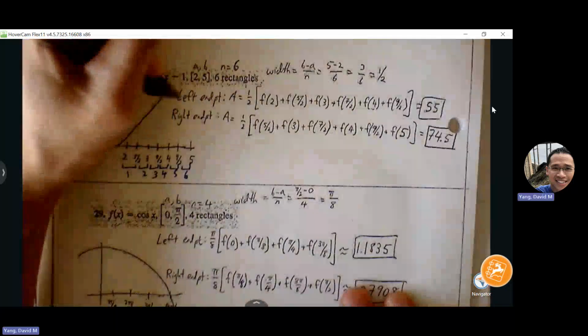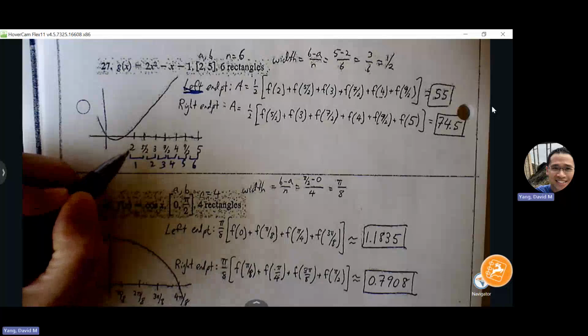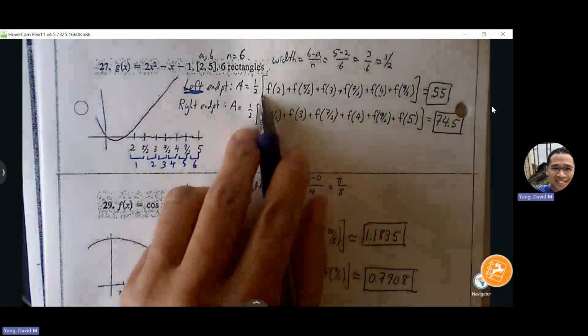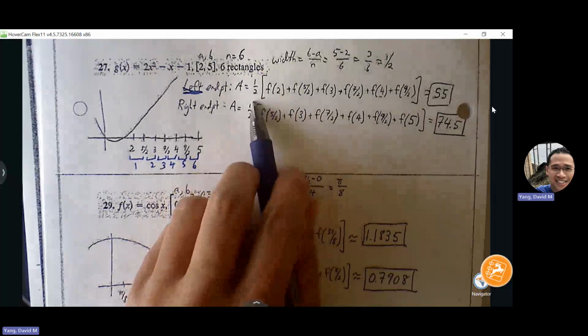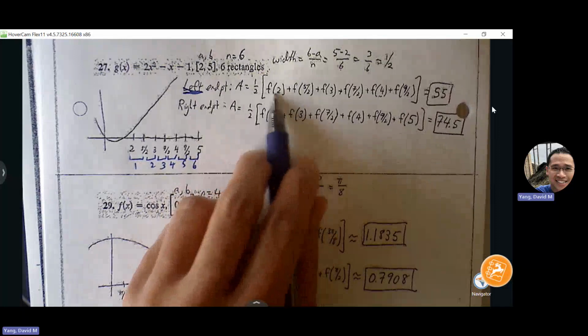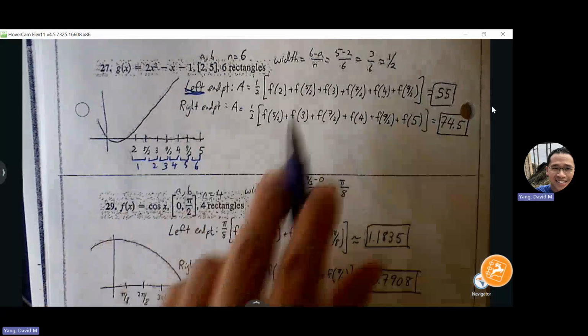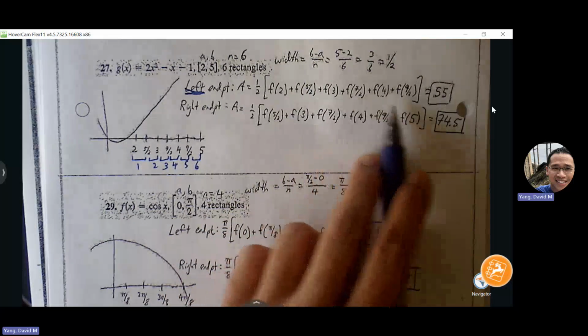And then if I want to do a left-handed rectangle, I just simply pick the left x value to plug into the function to get my height. And here I factored out the 1/2 because all the width is the same, but it's really 1/2 times f of 2, right? Width times height, plus 1/2 times f of 5 halves, plus 1/2 f of 3, plus 1/2 f of 7 halves, right?